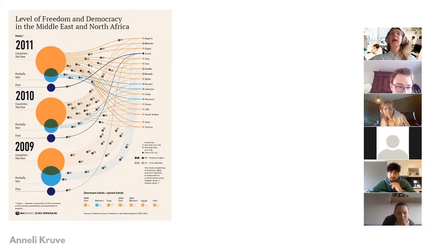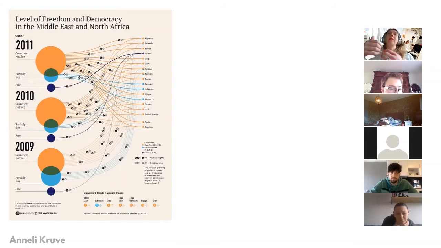Exactly. So the content has been simplified significantly in the sense that it is just 3 levels. It's not free, partially free, free. It is not explained in a detailed way what that means. What are the aspects? Is it now the journalism? Is it the voting?